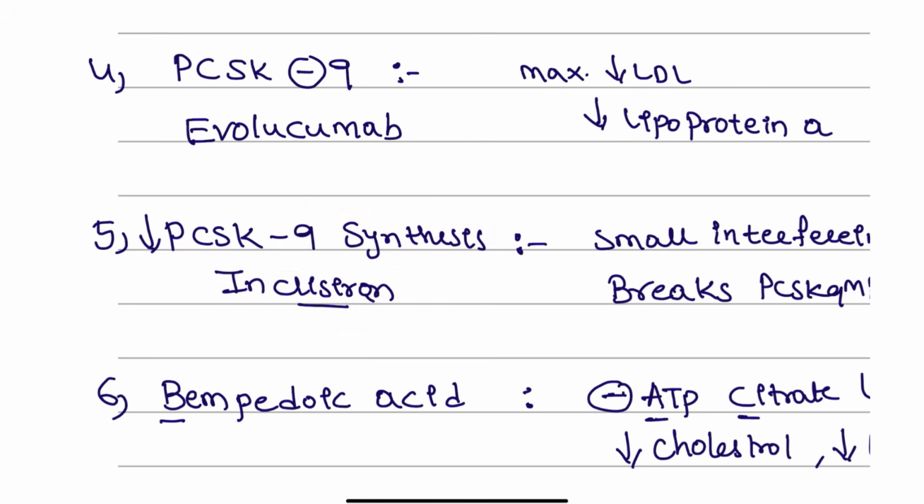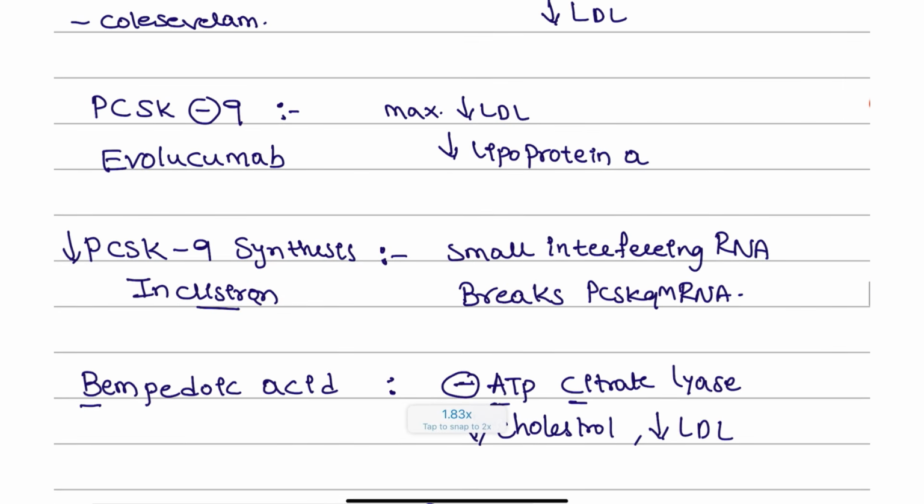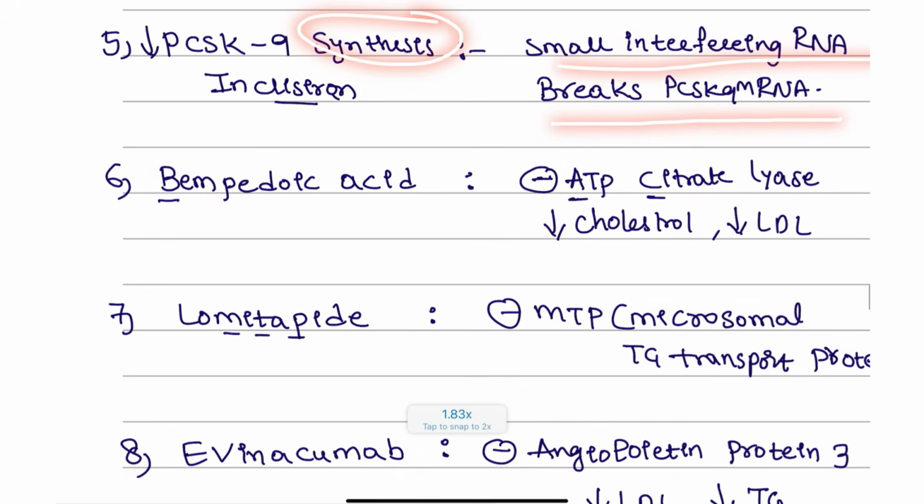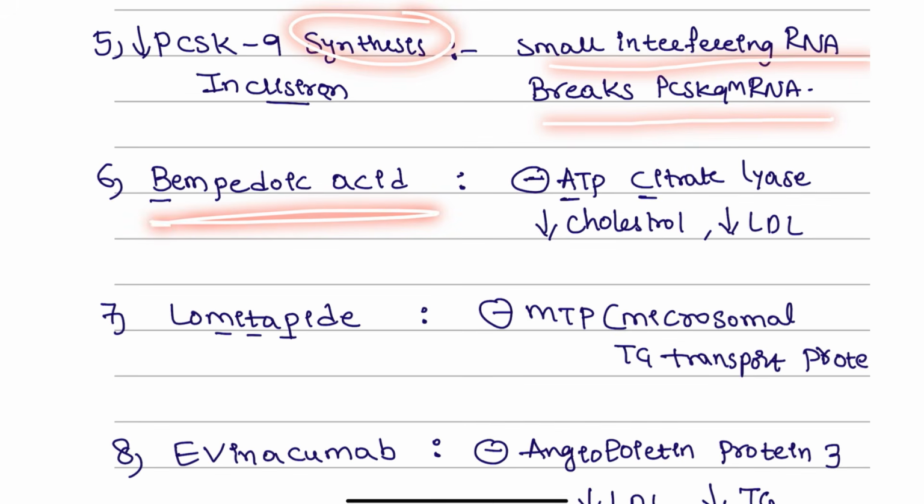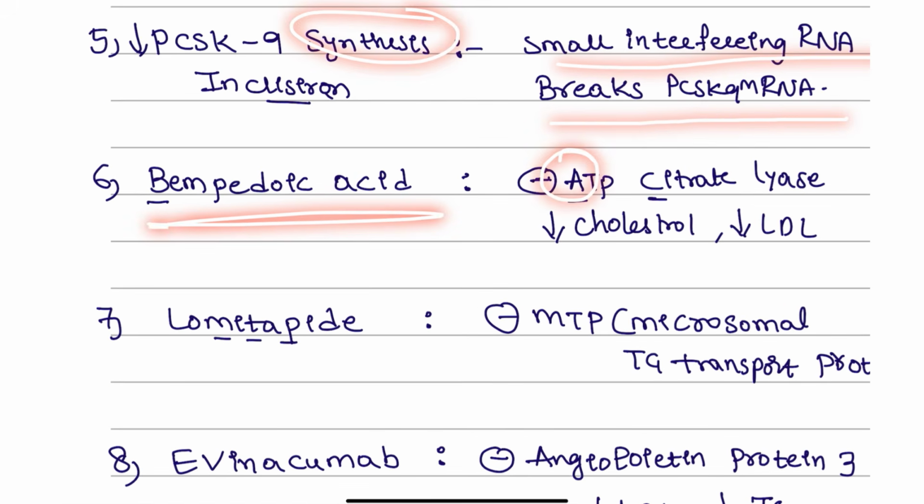Okay, inclisiran drug, and this is going to work with a small interfering RNA activity and block the mRNA activity of this synthesis. Next, bempedoic acid. So how can you remember? ATP citrate lyase. So ABC. So ATP, bempedoic acid, citrate lyase. Remember this way, it is going to decrease the cholesterol and the LDL.